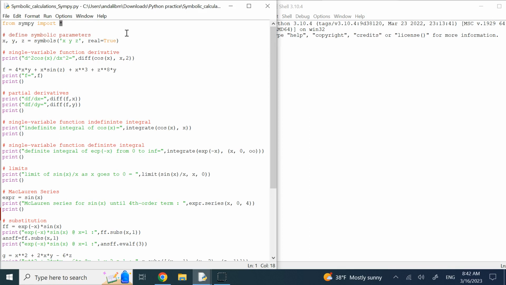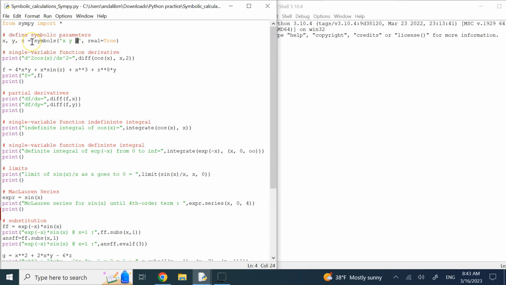So when you want to define the symbolic variables, as many as you need, you put them on the left side of the equal sign, so x, y, z, and so on, and then you use the method called symbols. And then here you see inside quotation, I wrote those names again, separated by space.